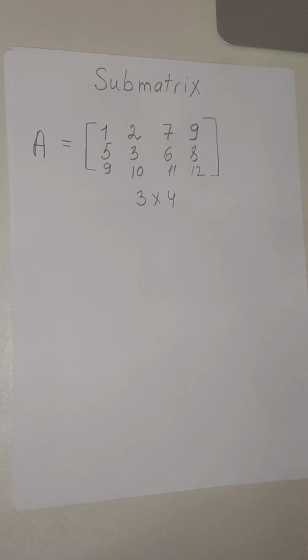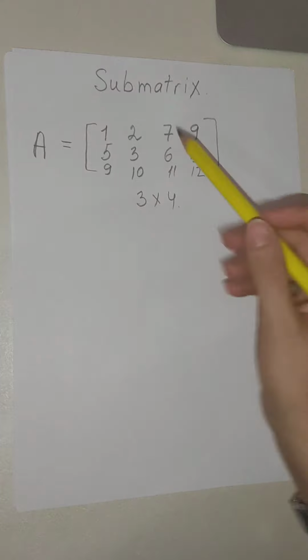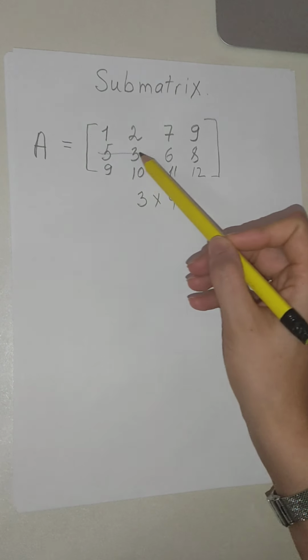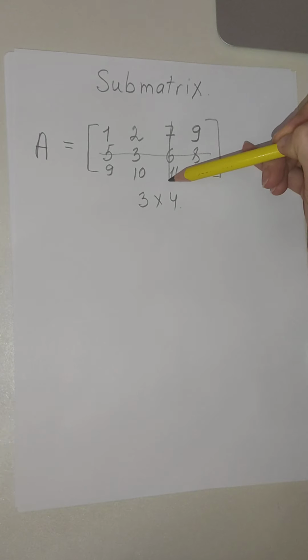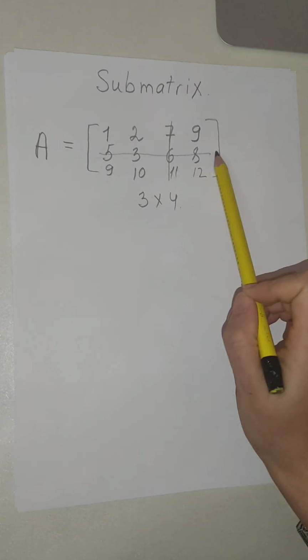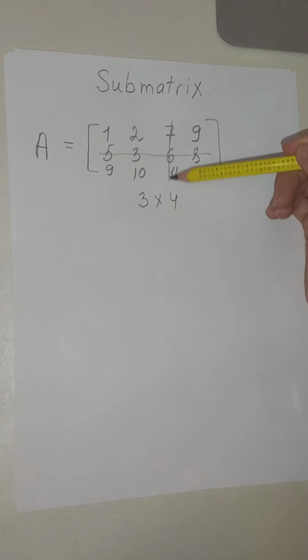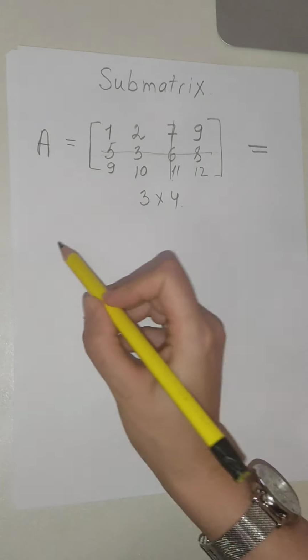For example, from this given matrix, we can construct a 2 by 3 submatrix by removing row 2, for example, and column 3. If we remove this row and this column, what will we get?